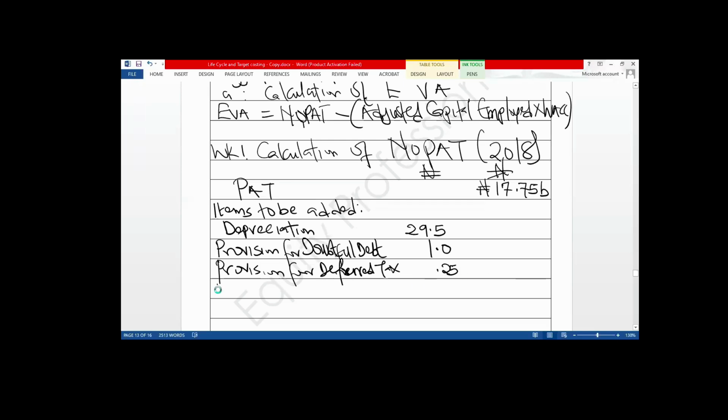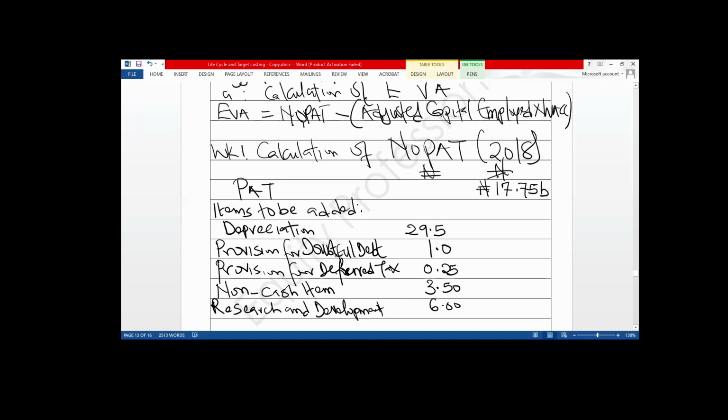Now check. Do we have non-cash item for 2018? Yes, we have 3.50. Do we have research and development cost for 2018? Yes, we have 6.0. Please add back.